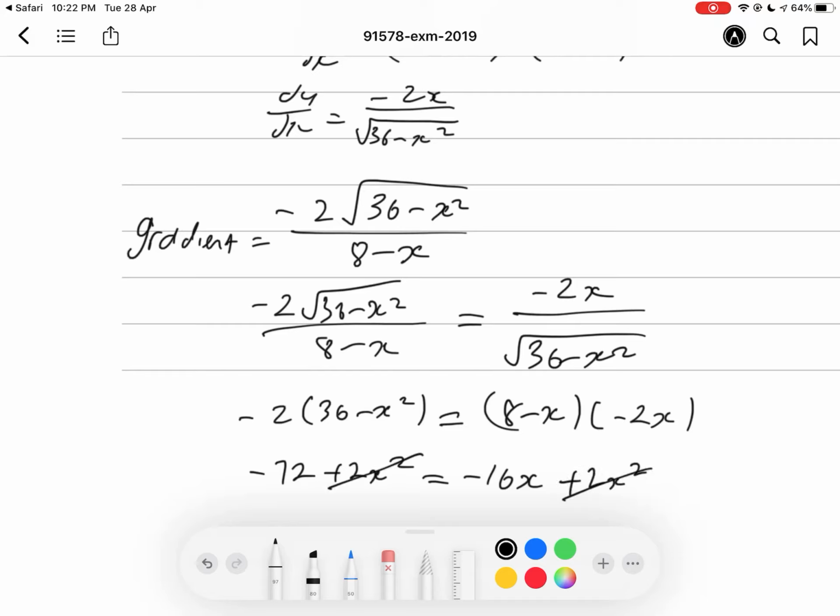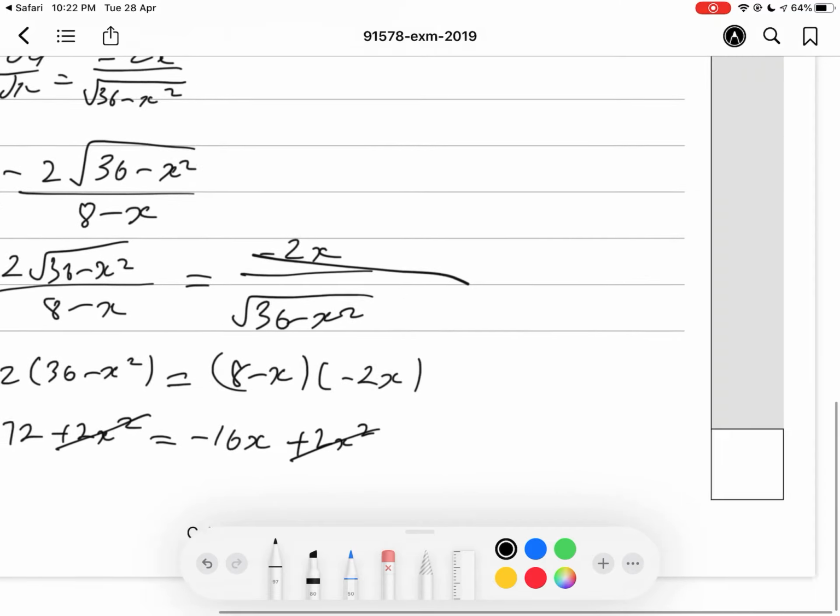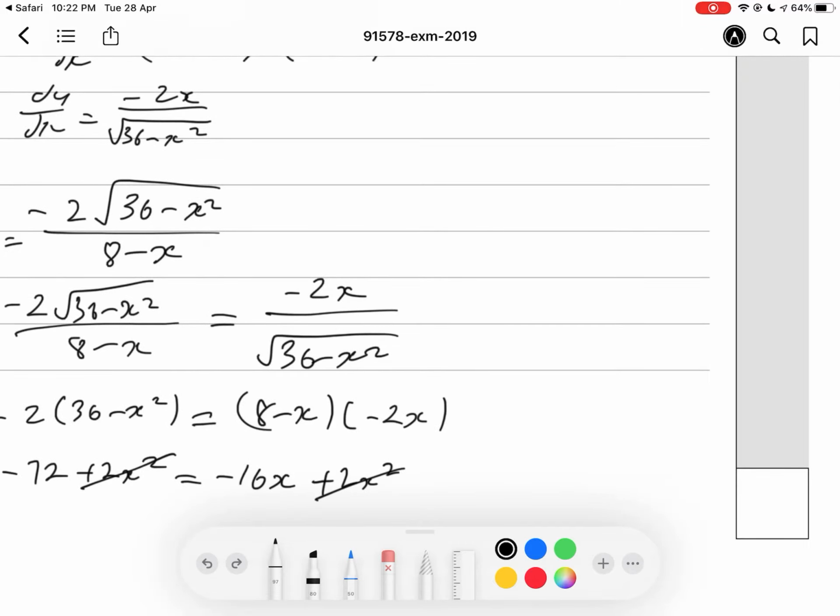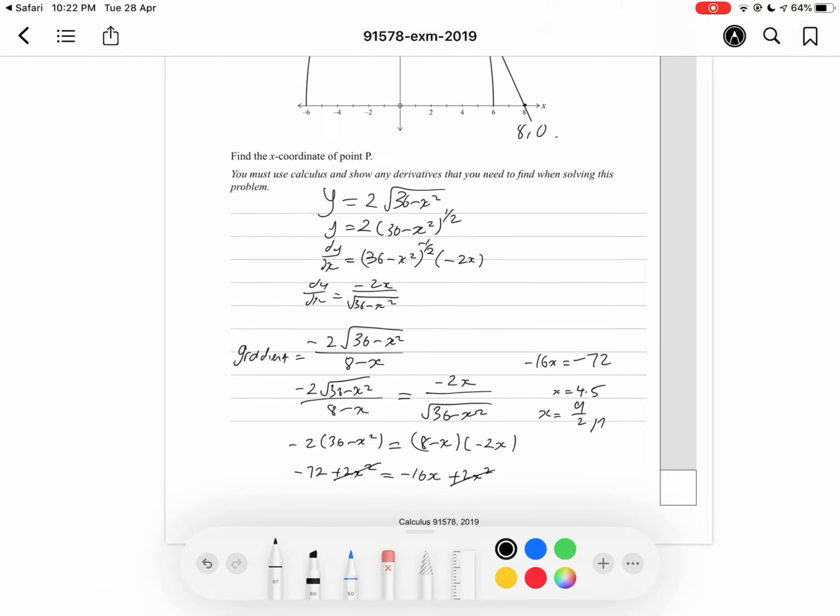The good thing is that 2x squared cancels out. So we'll have negative 16x equals negative 72, and therefore 72 over 16 should give us an answer of x equals 4.5. Or if you like fractions, you should get 9 over 2. And that is your final answer for this question.